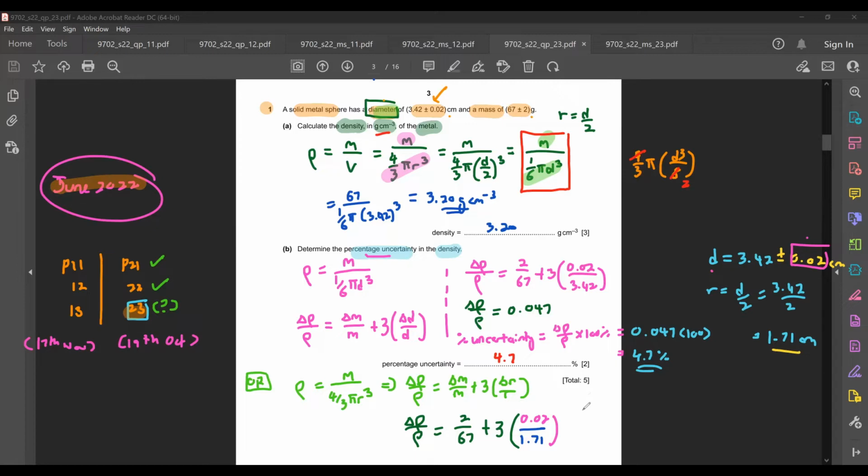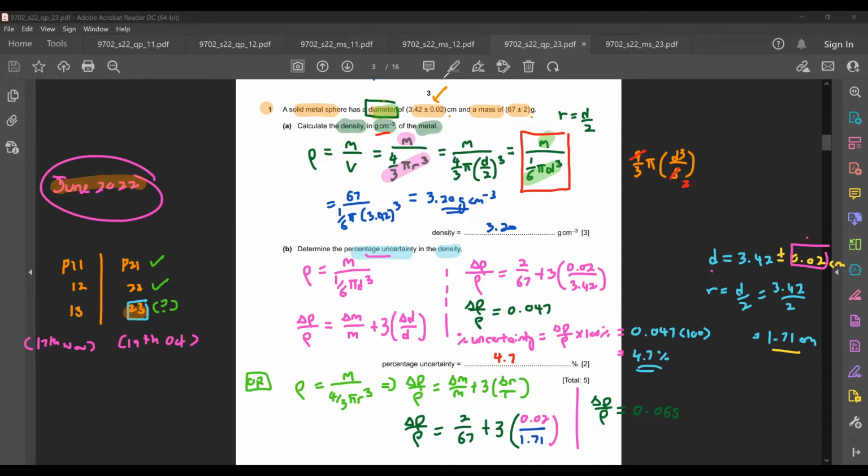If you do that, what you will eventually find is that your answer is going to be different. You're going to get the fractional uncertainty of your density as 0.06 divided by 1.71 plus 2 divided by 67. You're going to get the answer 0.065.